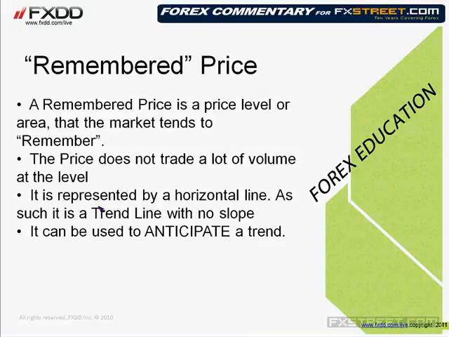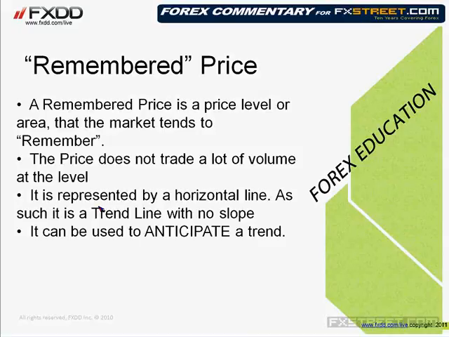That suggests that over a time period the price is going above and below this horizontal line. That also suggests that the market is probably not trending. It may be, but typically these remembered prices come into play when the market is non-trending.